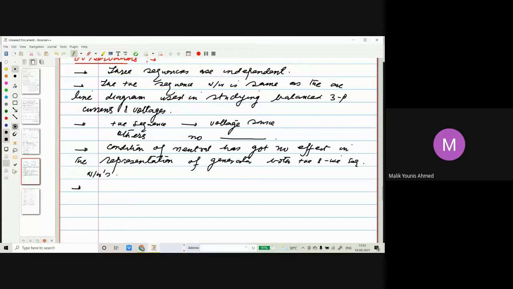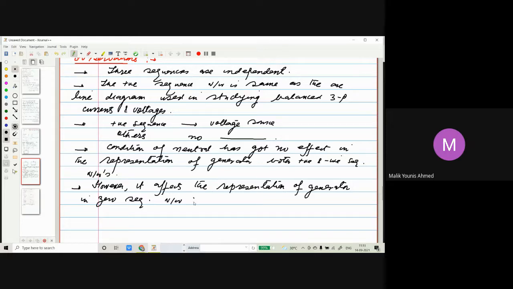However, it affects the representation of the generator in the zero sequence network.